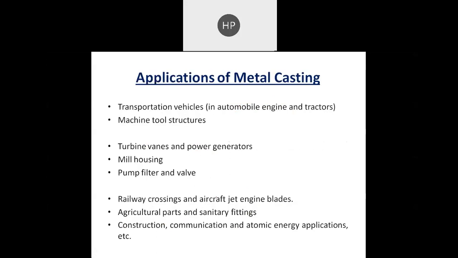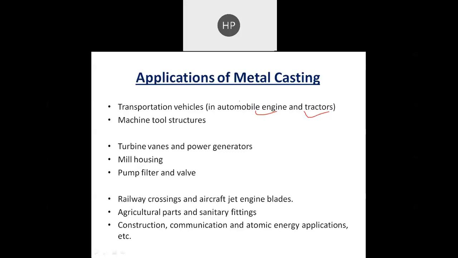Then some applications of the metal casting process, where it is used. In transport vehicles like automobile engines, tractors and their trailers, parts can be produced by casting because they have certain difficult shapes which cannot be produced by machining, forming or any other process, but can be easily produced by casting.